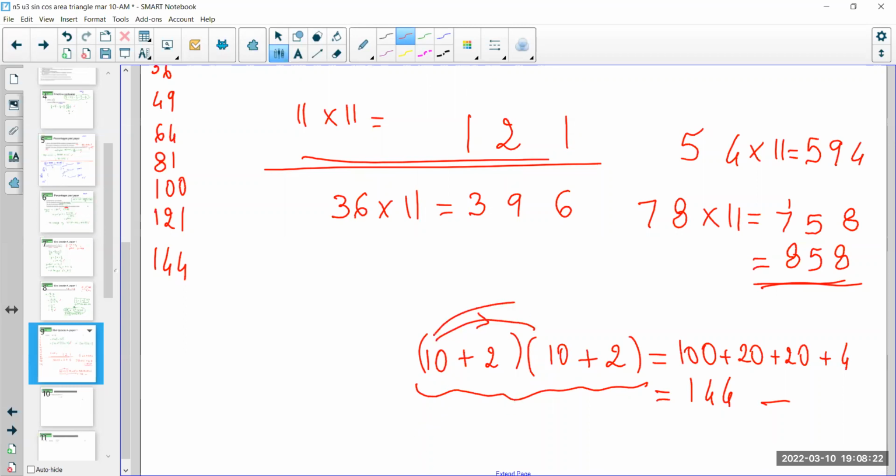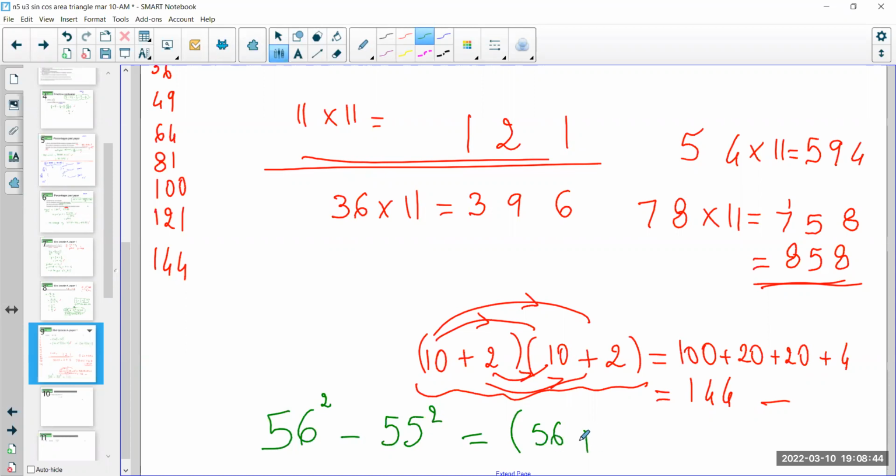Who thought you could have done something like this? Anyone? No? Same thing. If someone asks you 56 squared minus 55 squared, difference of 2 squares, 56 plus 55 times 56 minus 55.